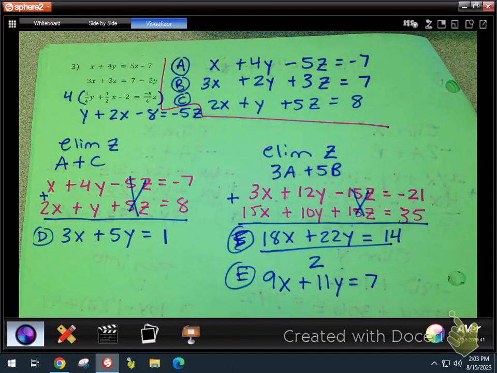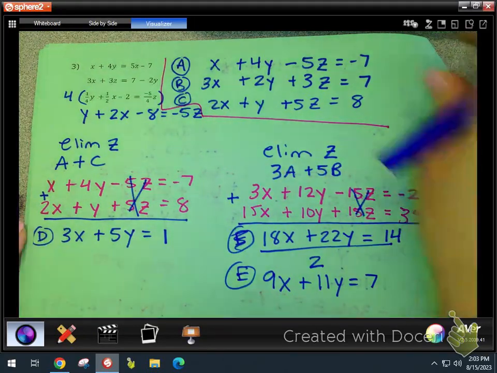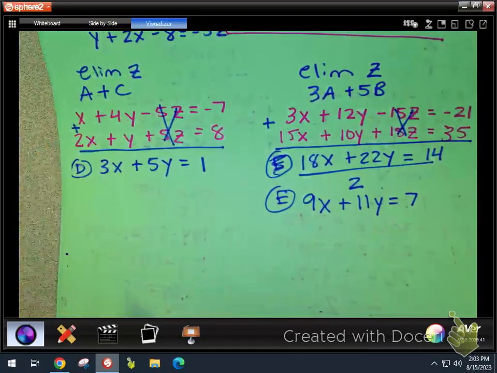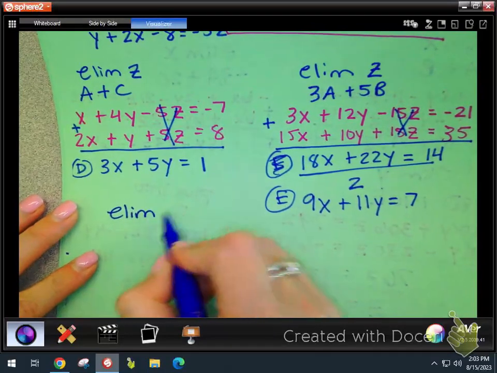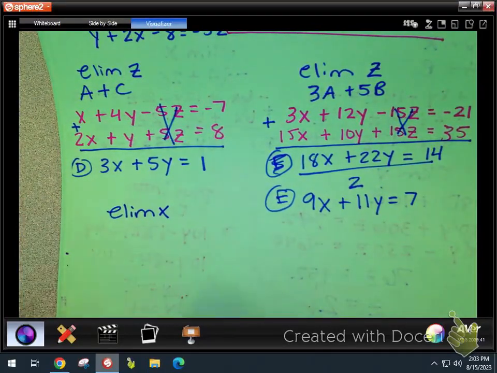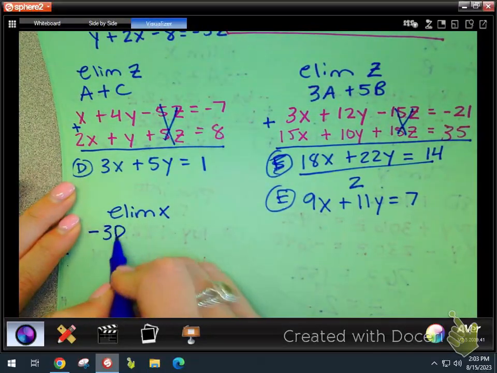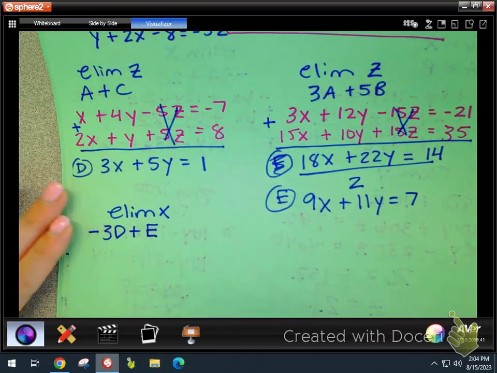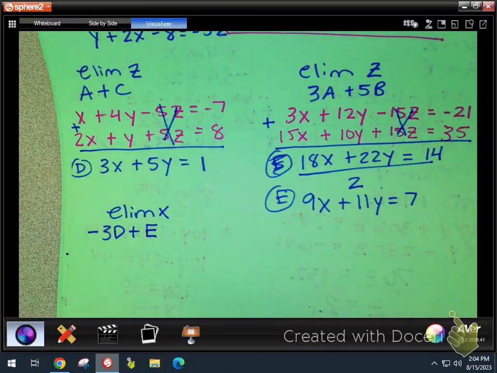So what's going to be the best variable to take out between D and E? X. How? Negative 3D plus E. Some of y'all are getting the hang of it. Take it from there.